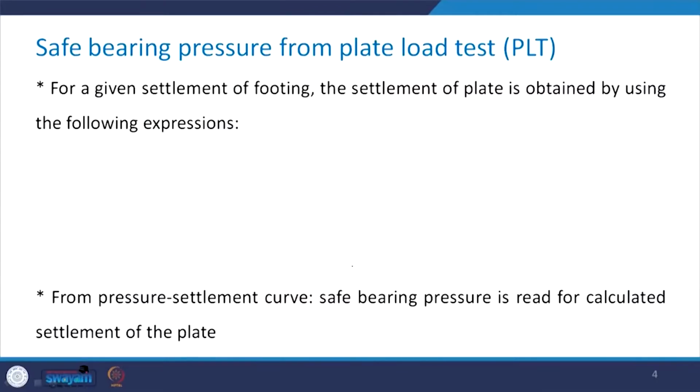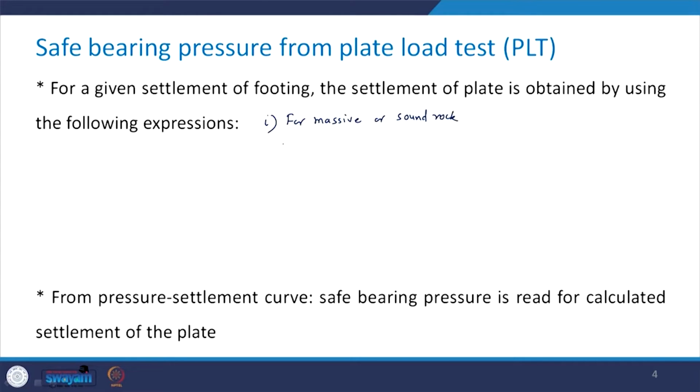Now, for a given settlement of footing, the settlement of plate can be obtained by using the following expressions, and these expressions are again the same as those for soils. The first expression is applicable in case of the massive or sound rock.